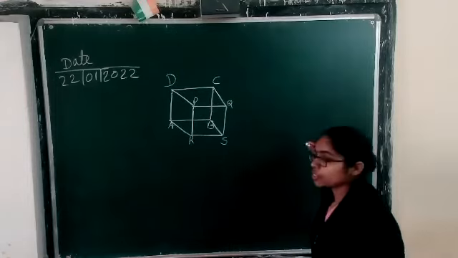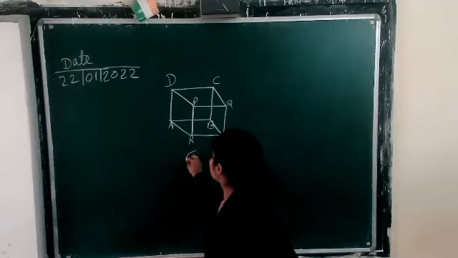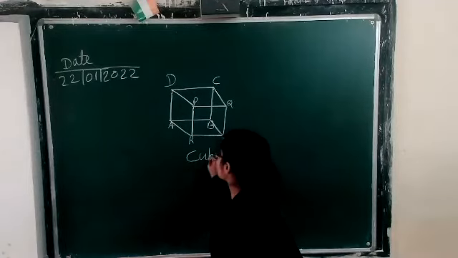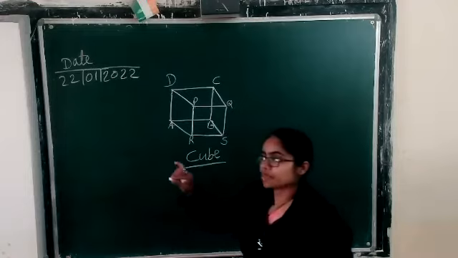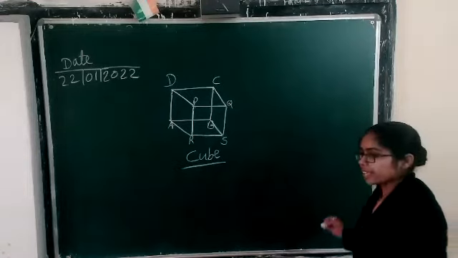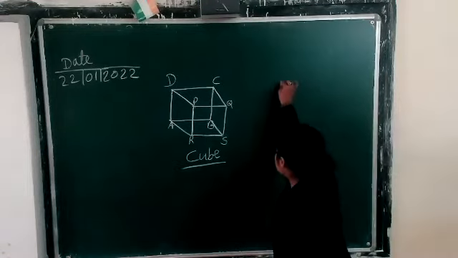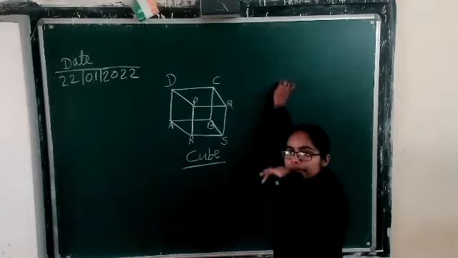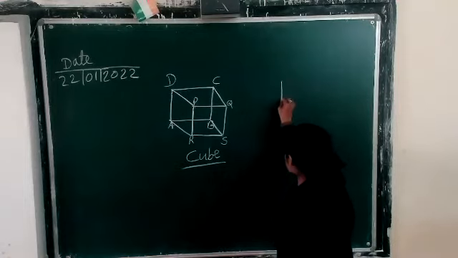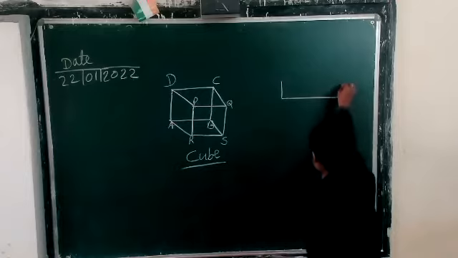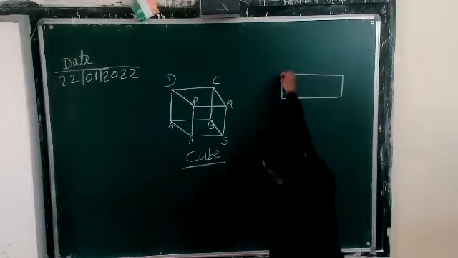Now we will learn how to draw a cuboid. Cube is made out of two squares and cuboid is made out of two rectangles. Now, take the pencil and scale. Make one rectangle like this.